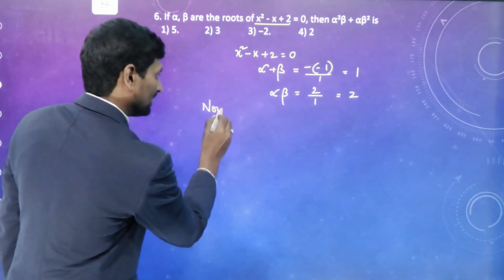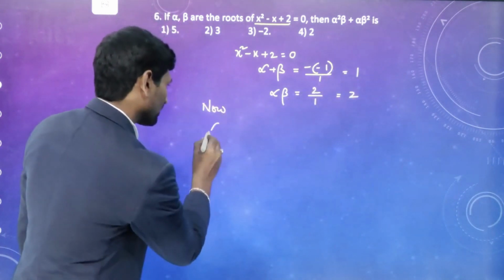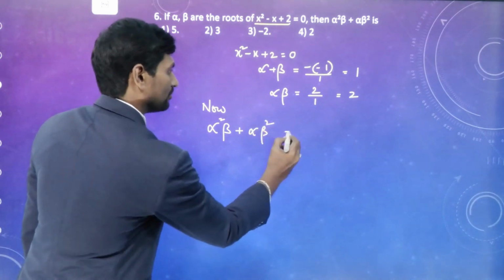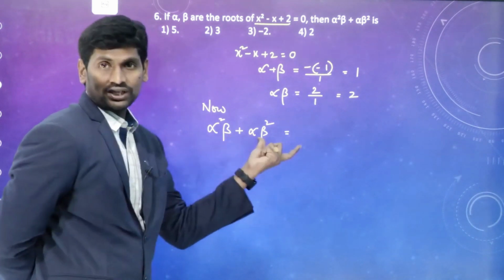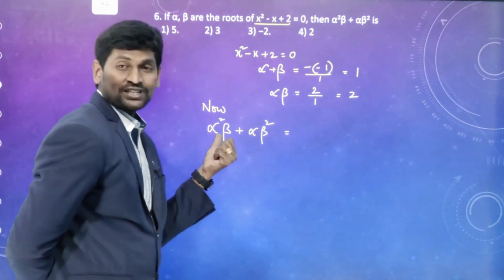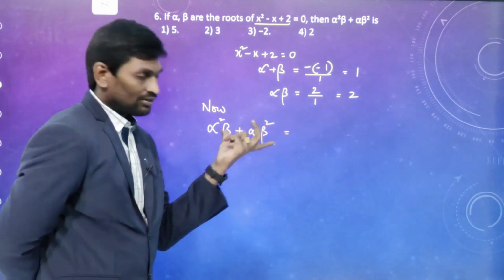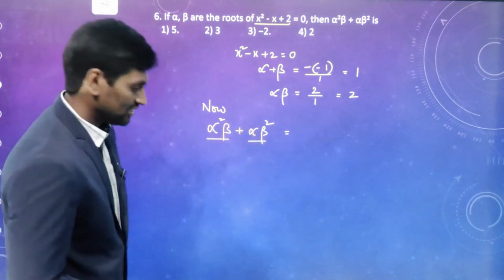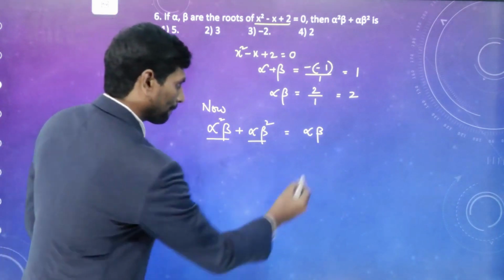Now what to find? Alpha square beta plus alpha beta square. While you are observing clearly, both are products only. That means alpha into beta, here also alpha into beta. But alpha is present 2 times, alpha into alpha, alpha square. Beta into beta, beta square. From these 2 terms, I can see clearly alpha into beta. So let us take the common term alpha into beta.